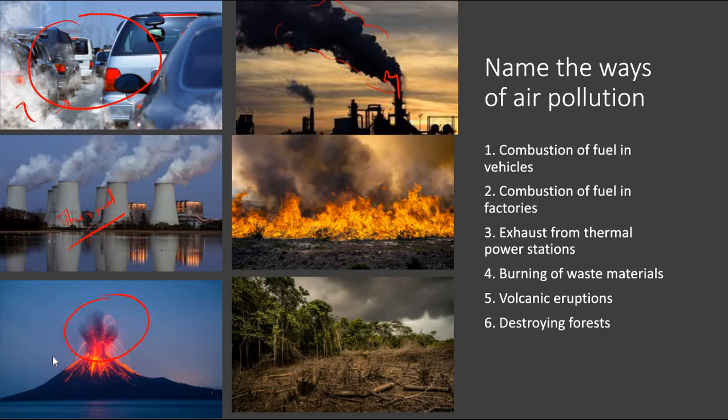Destroying forests. You chop the trees, you cut them down, you clear the forest, and then what do you do to get rid of these? You burn it up. So then what happens is you release some toxic chemicals. You release greenhouse gases, which is going to pollute the air and cause a major issue.